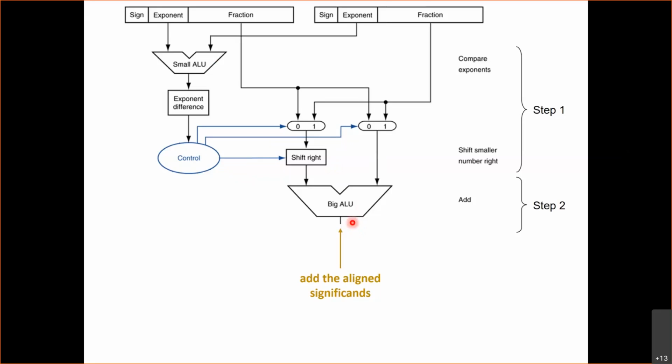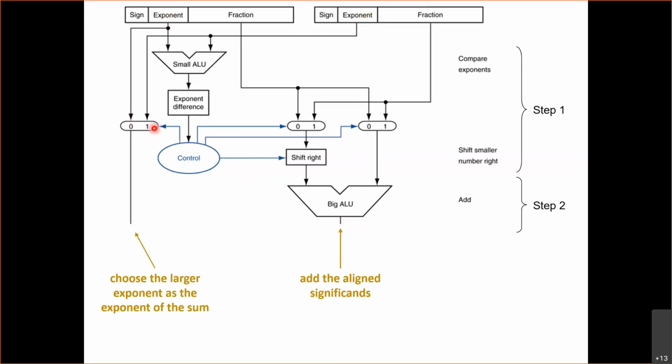So to get the exponent for my sum, I'm going to take the two exponents and pass them to a multiplexer, and I'm going to select the exponent that corresponds to the larger number, and that's going to be the exponent of my sum. Okay, so now I have the sum of the significand, and the exponent of the sum.